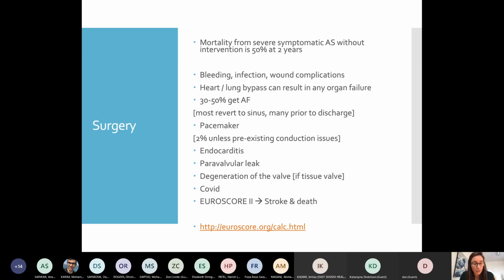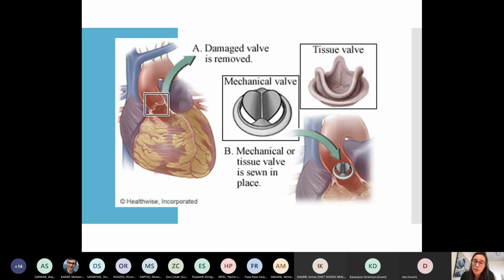This calculator is not very good at taking into account frailty or liver disease, both of which are a bit of a disaster if you're thinking about open heart surgery, but of course not relevant to this man.